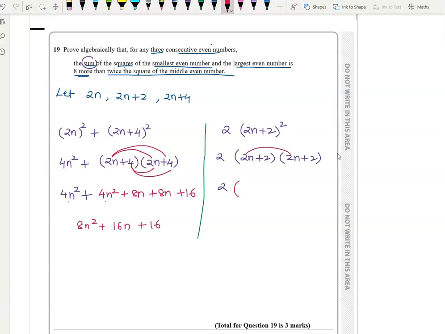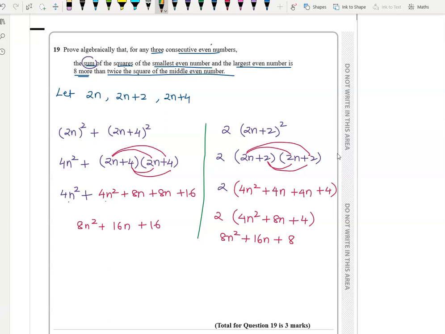So 2n times 2n is 4n square. 2n times 2 is 4n. 2 times 2n is 4n, and 2 times 2 is 4. So when you simplify it, you get 4n square plus 8n plus 4. Now when you multiply by 2, 2 times 4 is 8n square, 2 times 8n is 16n, and 2 times 4 is 8. So now you compare both sides, you can see 8n square plus 16n is the same.